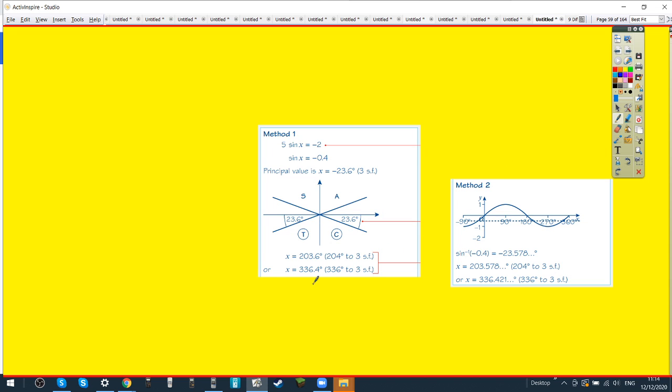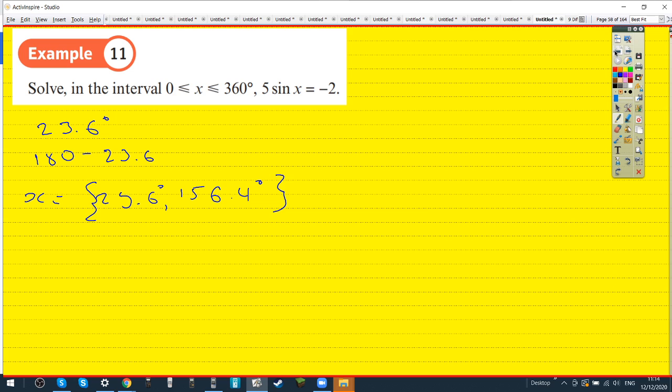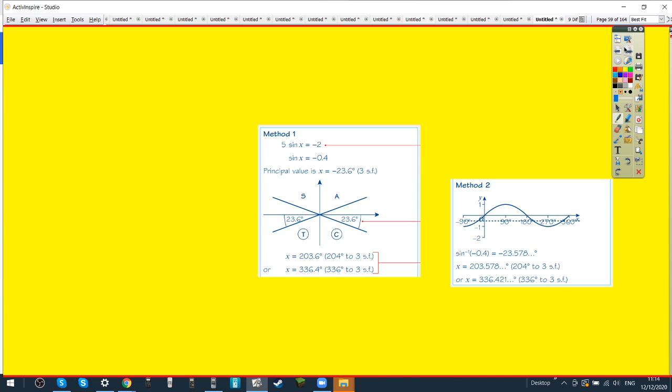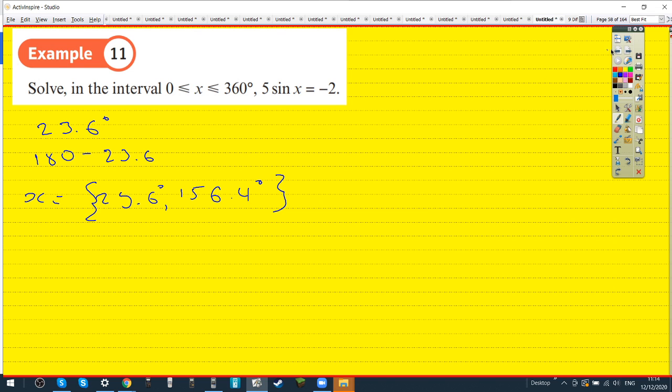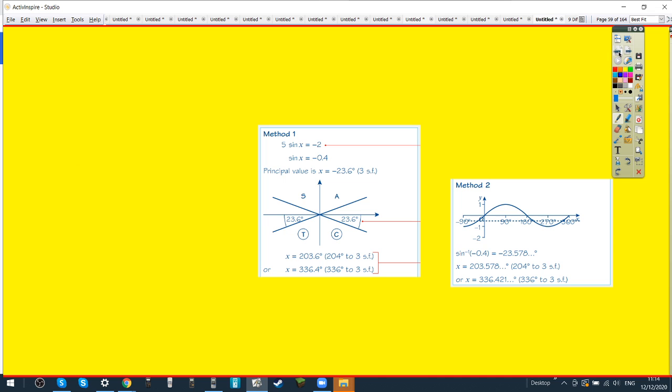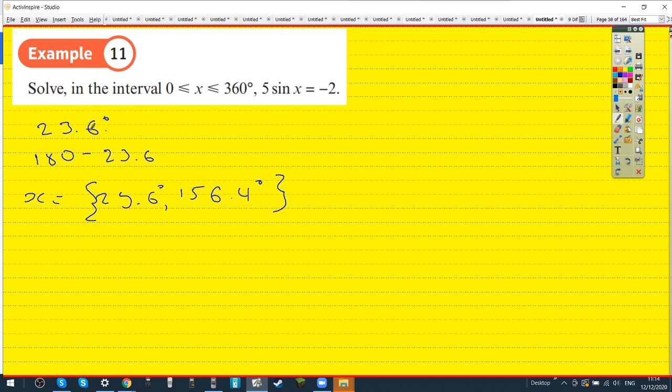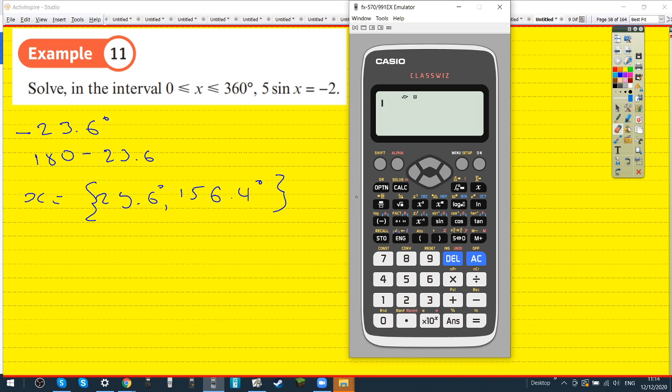Hang on, what am I looking at? They have different answers, do they? It was minus 23.6. I wanted to make sure that it was right, so I did inverse sine and then it was minus 23.6, and then I clicked equals and it gave me a positive 23.6. It shouldn't happen.